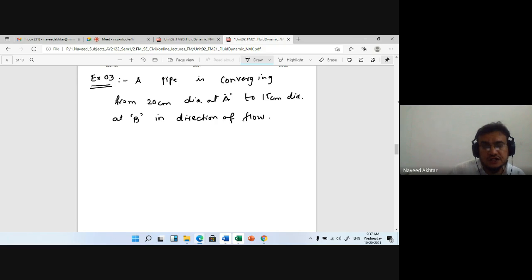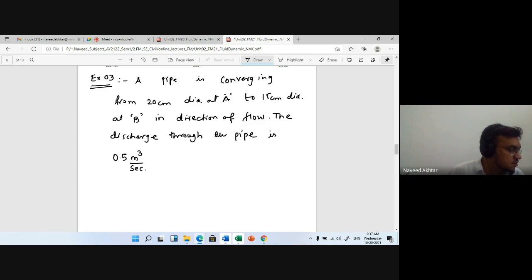The discharge through the pipe, where discharge is generally measured as volume per second, is 0.5 meter cube per second.